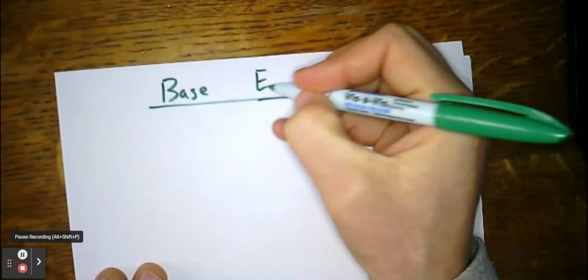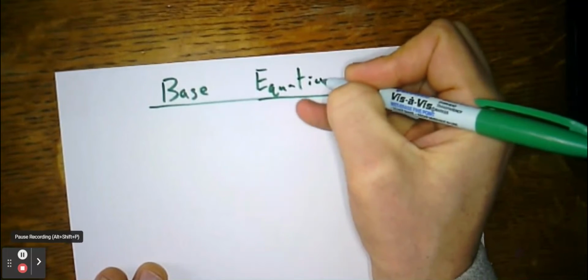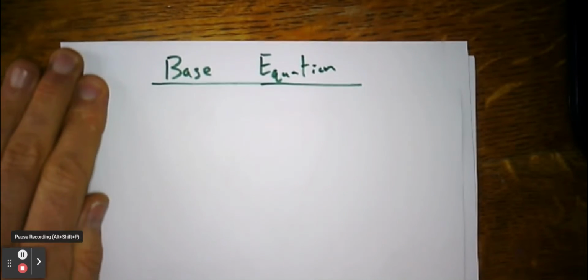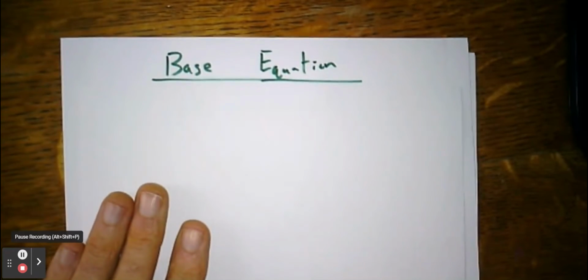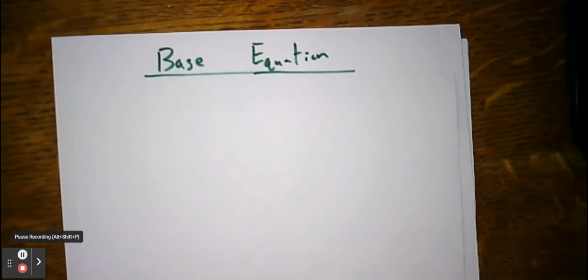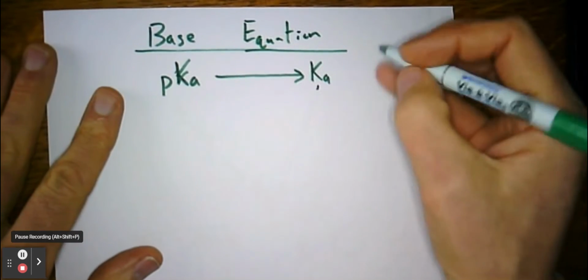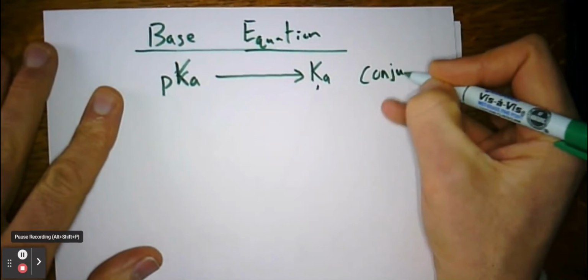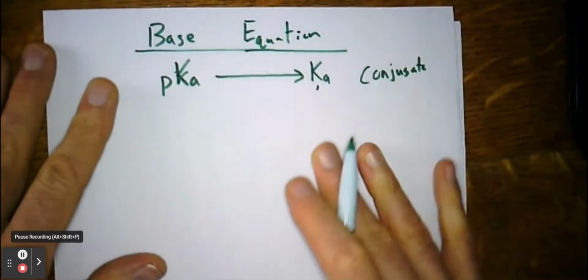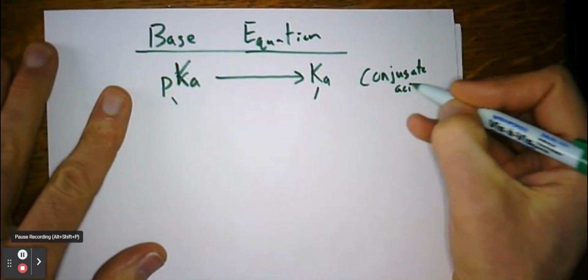Now for a base, start with the equation again. Bases are a little bit trickier, because sometimes you're given the pKa of the conjugate acid for a base, and you don't want that for a base.